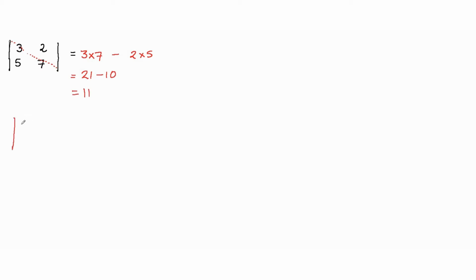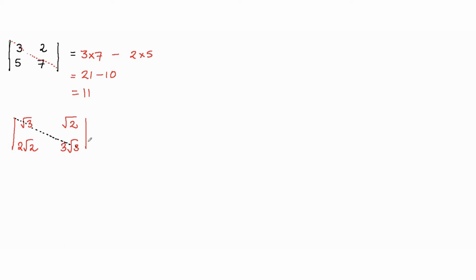Suppose I have something like root 3, root 2, 2 root 2 and 3 root 3. Again, I have to take the leading diagonal, which is from the top left to the right bottom.